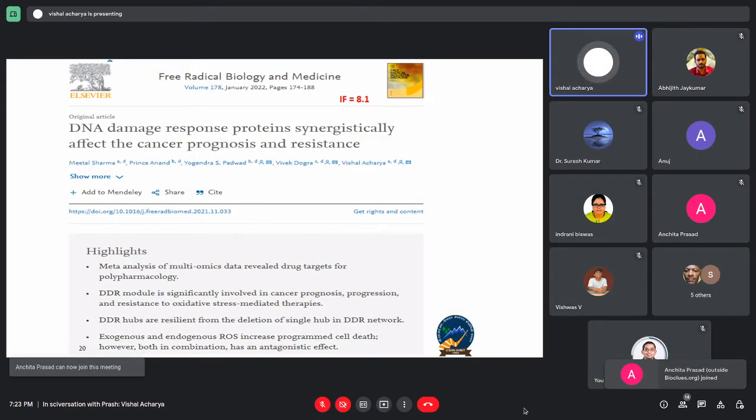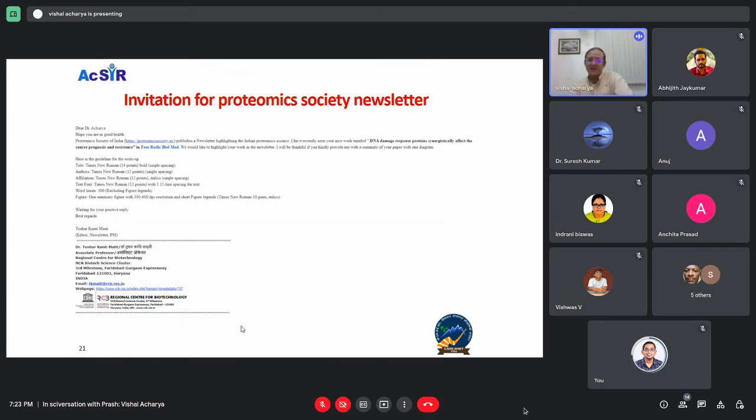These are related to how to improve your work with a strong bioinformatics background. So this one is related to how to go with the flow, and this was also a direct invitation from the Proteomics Society newsletter India, that this work is very good work.